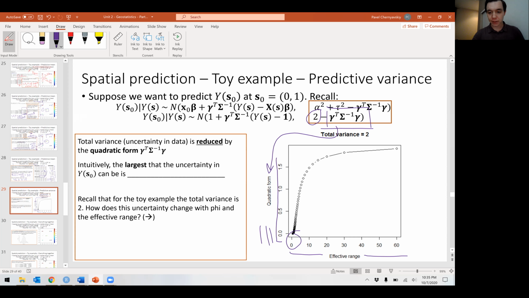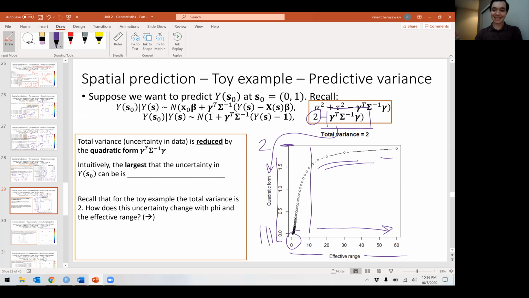As our effective range grows, well, first of all, it's a nonlinear impact, right? The reduction in uncertainty is profound up until an effective range of 10, and then quite flat past 10. Maximum observed distance is 2.3. And look, we are approaching 2.